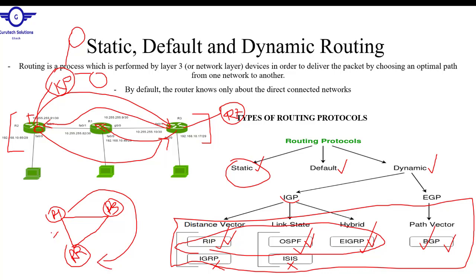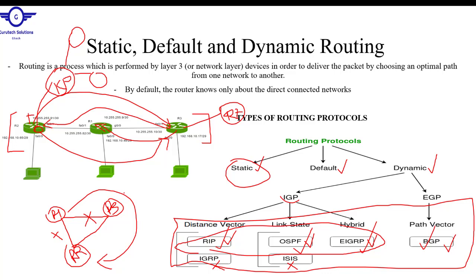You want router 1 to go to router 2 through router 3. So you implement a static route to follow this path. But what about when this link is broken?